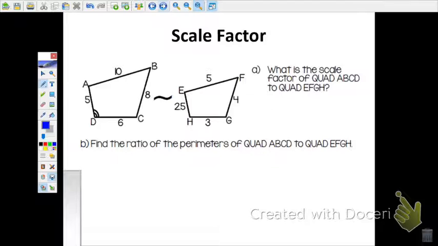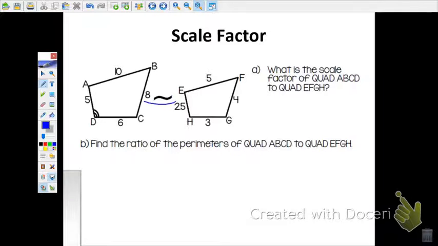So now working this with this idea of scale factor. First of all, when I look at these two polygons, I can tell by looking those polygons are not congruent. They are not the same size. They are what we call similar.